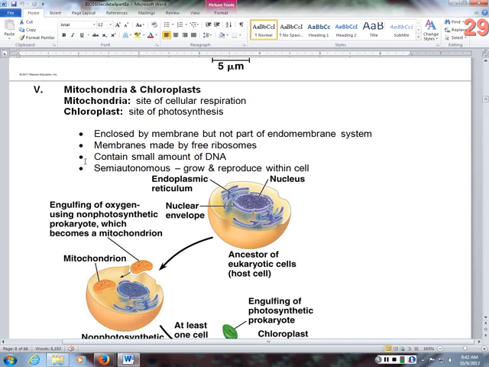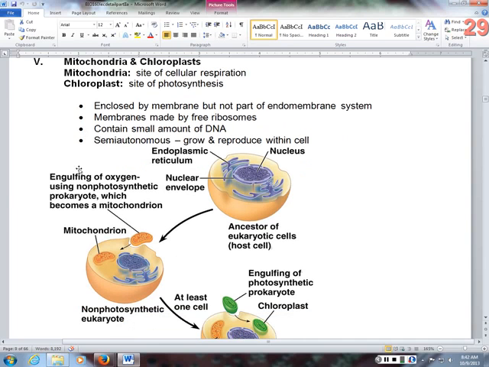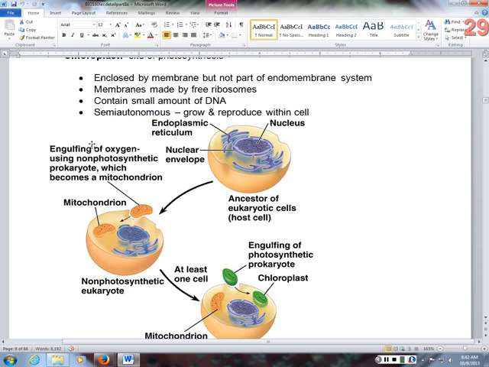It's enclosed by a membrane, but it is not part of the endomembrane system. They're separate. The membranes get made by the free ribosomes, and inside they contain a small amount of DNA. So they are semi-autonomous. They can grow and reproduce within the cell. So if you need more mitochondria in your cell, they can grow and reproduce, and you can have more of them produced within the cell.